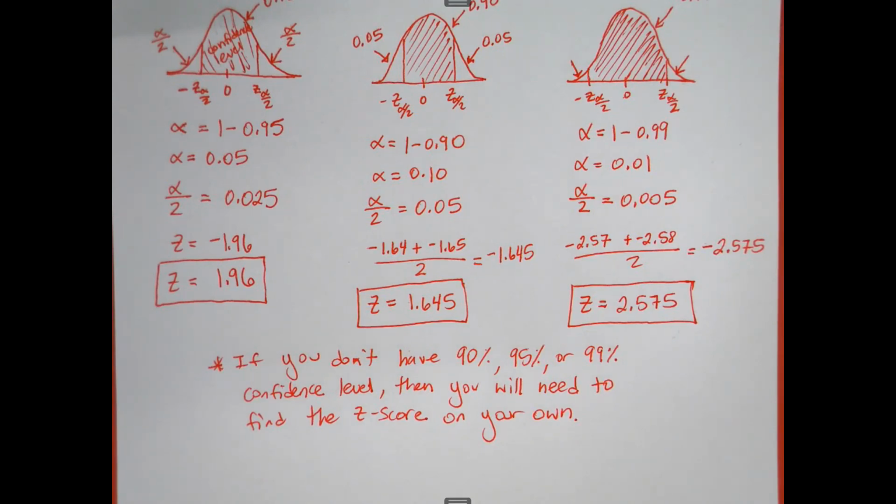So why do we need to find a confidence level? Why do we need to find a critical value? Essentially, what we're doing is we're basing our confidence interval, or this range, off of our point estimate. And then if we want to be 90% confident, we know that it's going to be somewhere between the range.